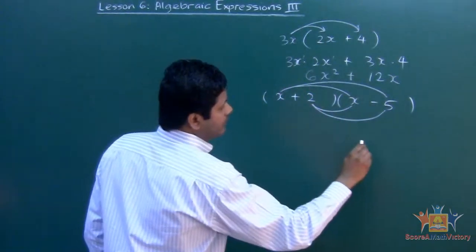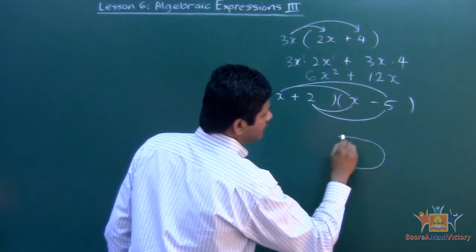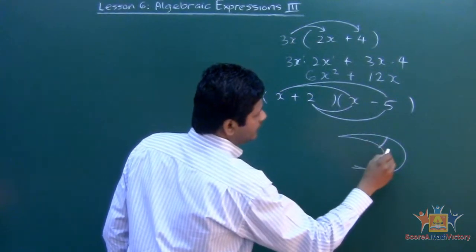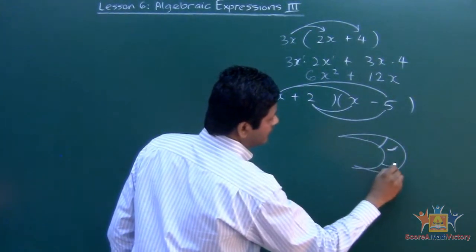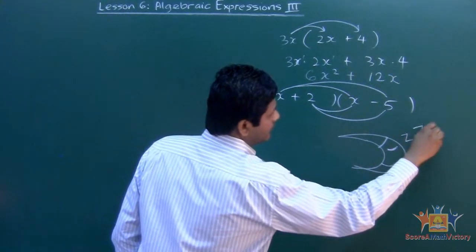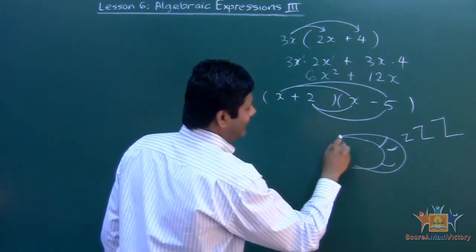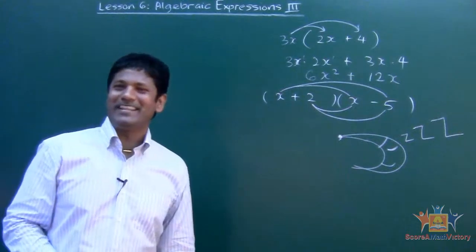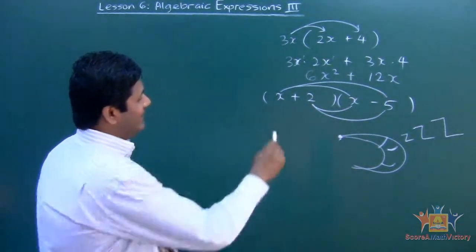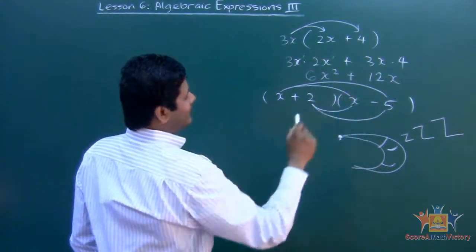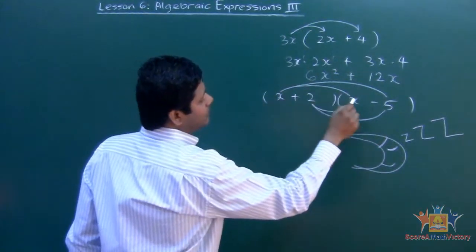Let Mr. Mac redraw that moon. Sleeping moon right there. Alright, sleeping moon method. See the shape of the sleeping moon? So the x has been multiplied with that x.